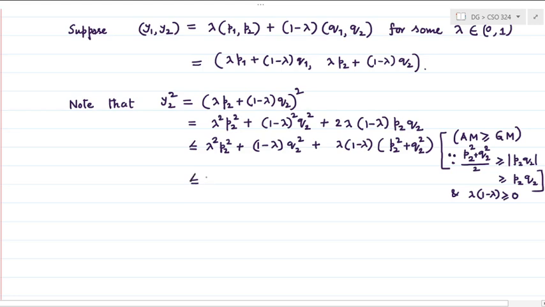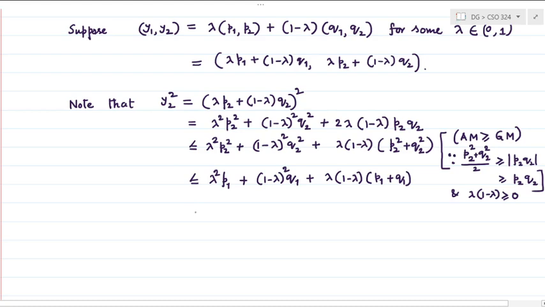Now you notice that p2 square is less than p1 and q2 square is less than q1, and lambda square and lambda into 1 minus lambda are all non-negative quantities, and therefore here you will still have less than inequality.